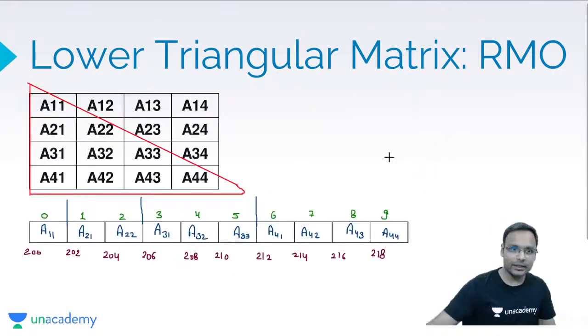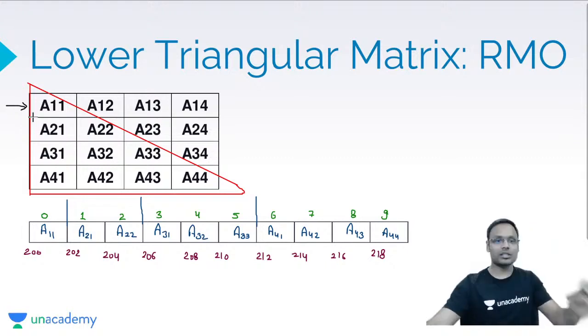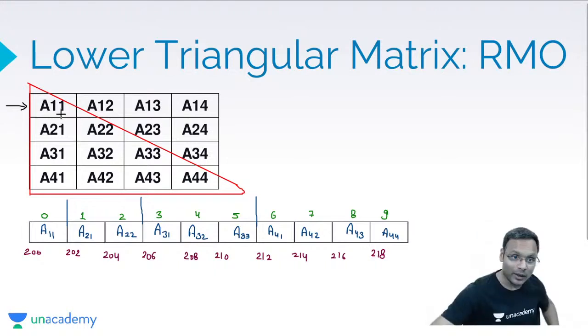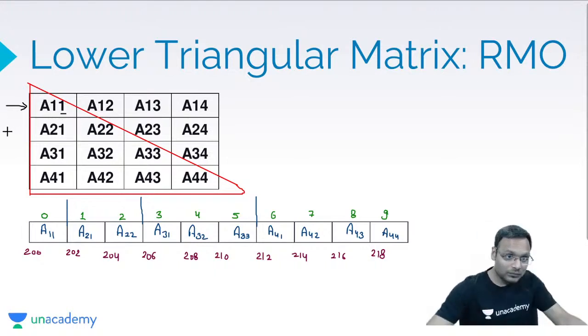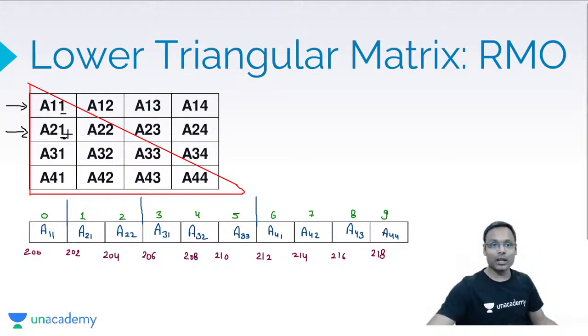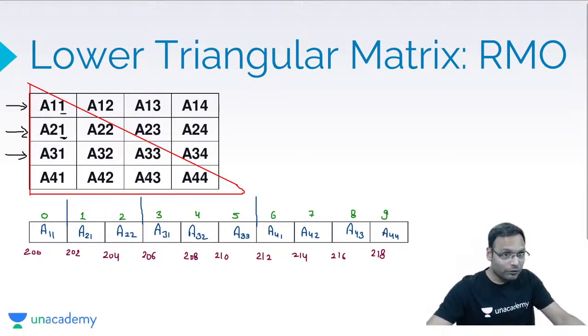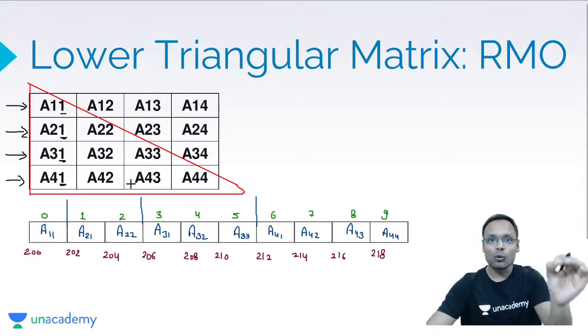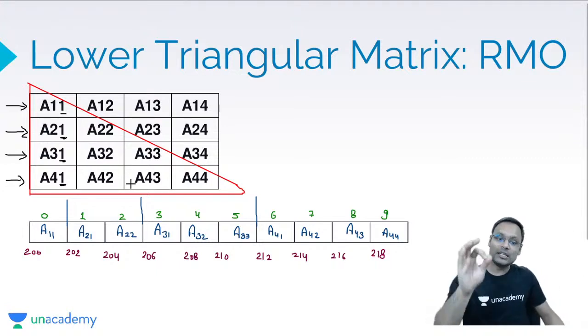Can you tell me, for the first row, which column number is the first element? Column number 1. यहाँ पे for the second row, which element is the first element of the column? 1. Third row, 1. Fourth row, 1. So can I say for every row the lower bound of J is 1 only?